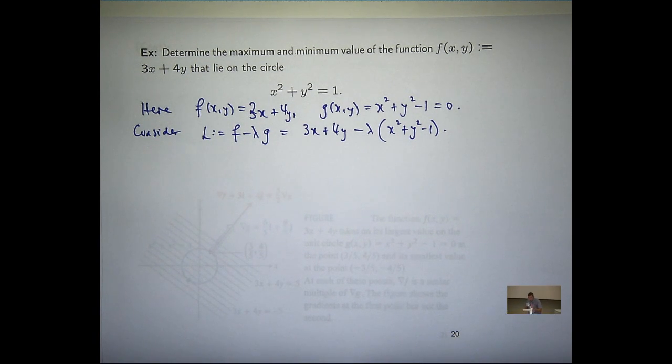What I'm going to do is just calculate dL/dx, dL/dy, set them equal to 0, and dL/d lambda will equal 0 will give us the constraint equation.